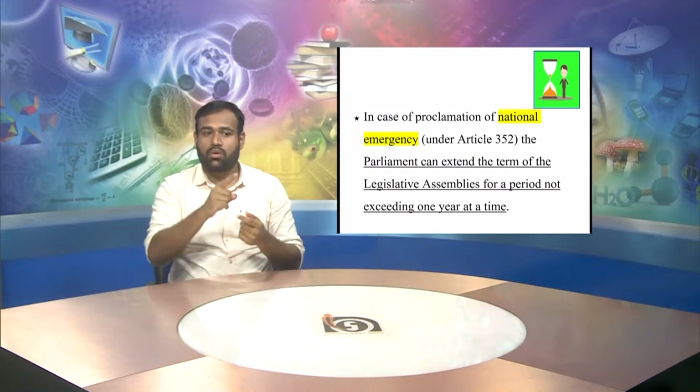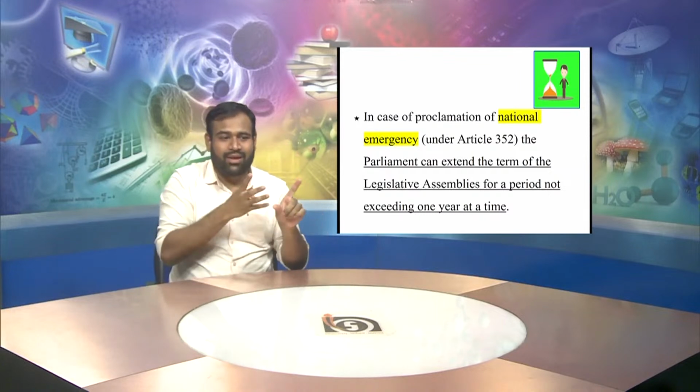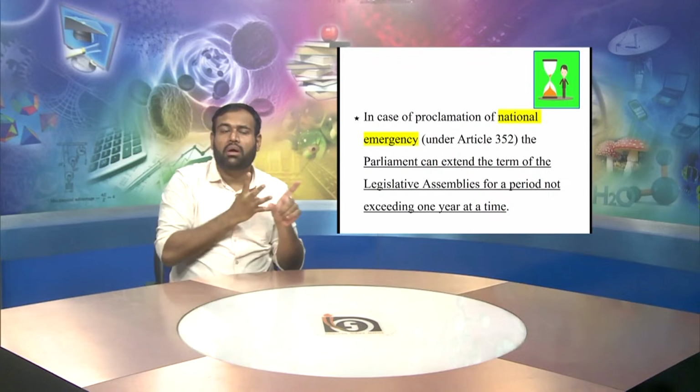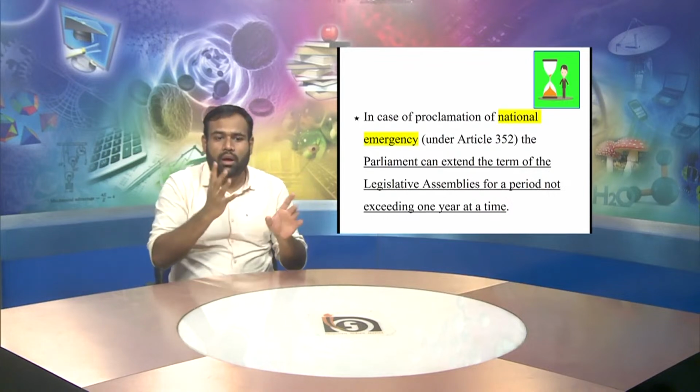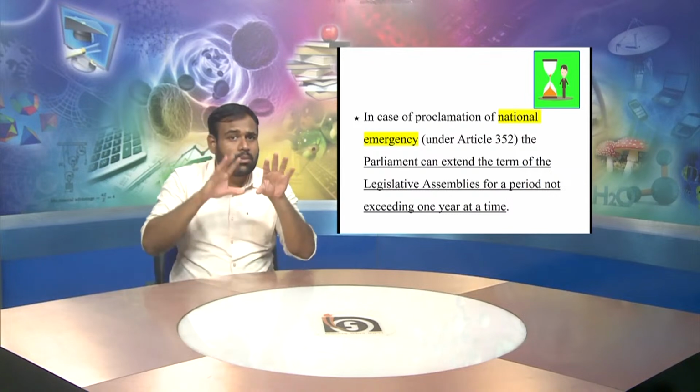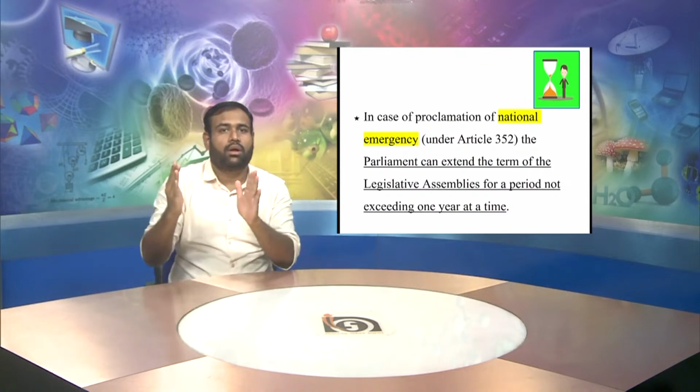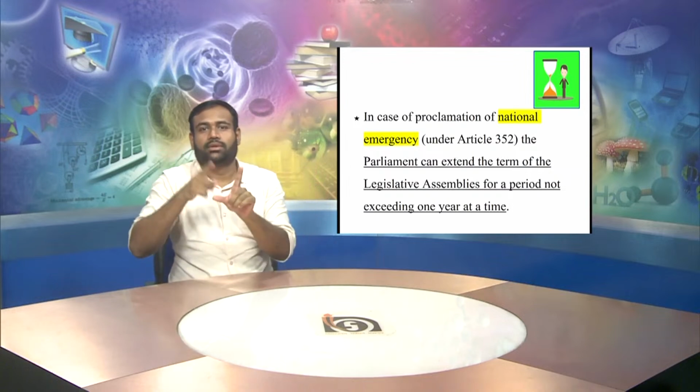In case of proclamation of national emergency under Article 352, the Parliament can extend the term of the Legislative Assembly for a period not exceeding 1 year at a time.